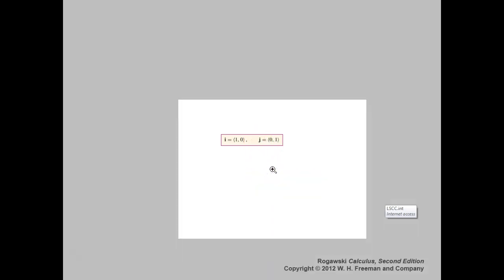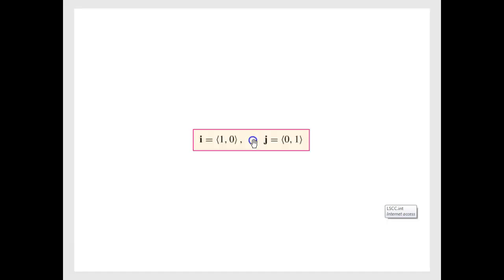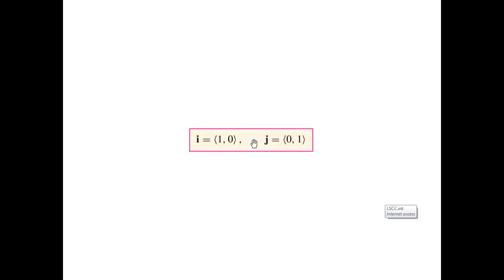If you hadn't caught on or noticed this yet, here's another way to write those i, j unit vectors. i is always in the x direction with no component in the y direction, so it's going to be 1, 0. It's got to be a unit vector.